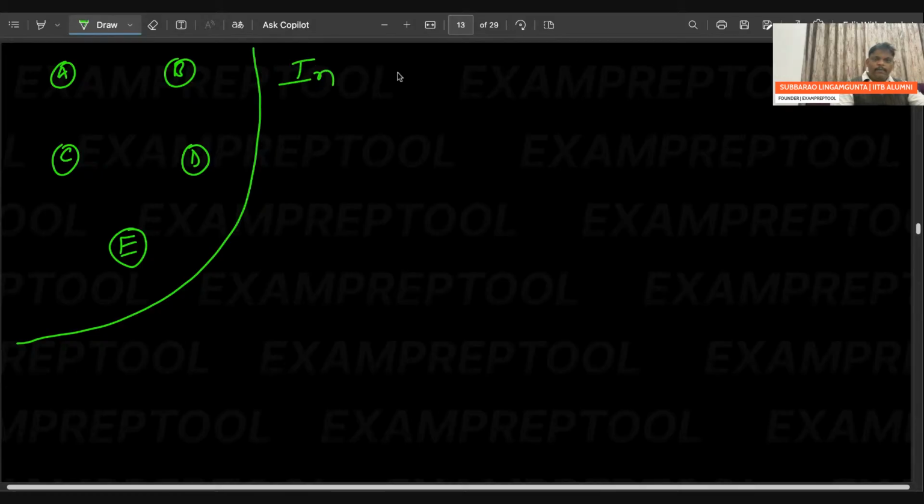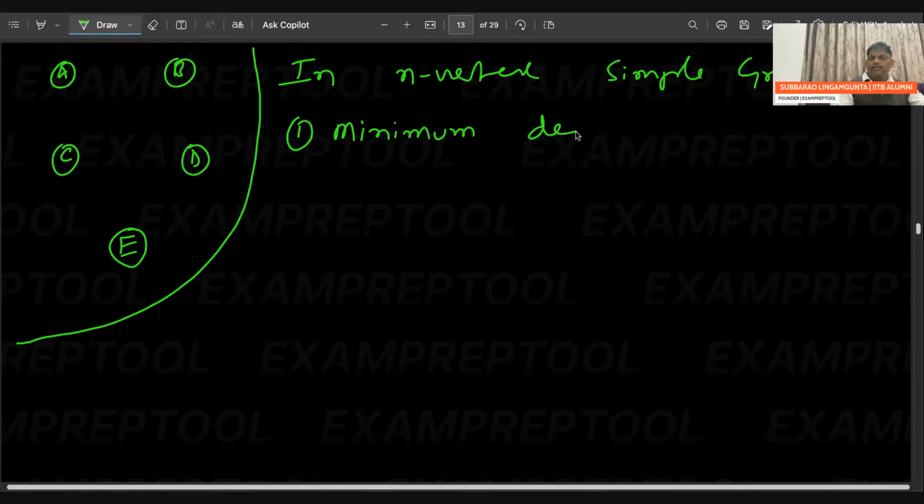In an n vertex simple graph, understand everyone, first point: the minimum degree of any vertex is equal to 0. It is not necessary that every vertex is connected. So in an n vertex simple graph, the minimum degree of any vertex is 0.